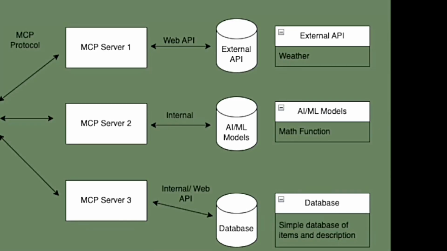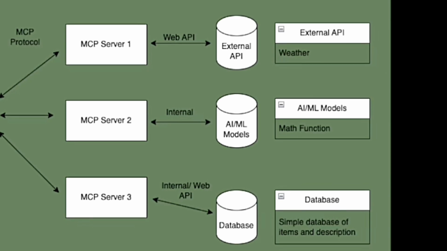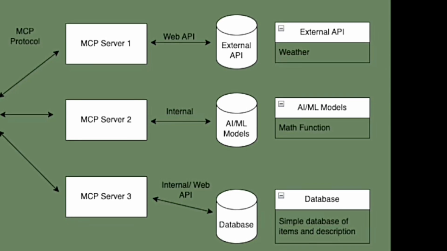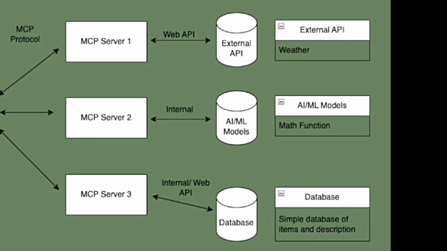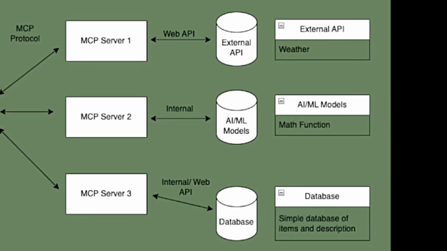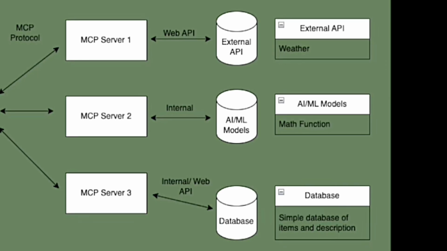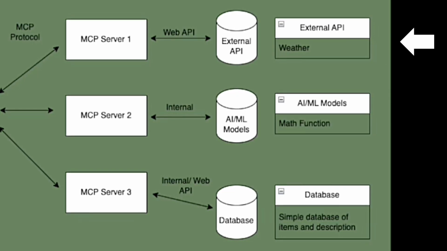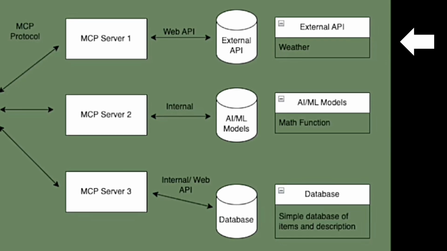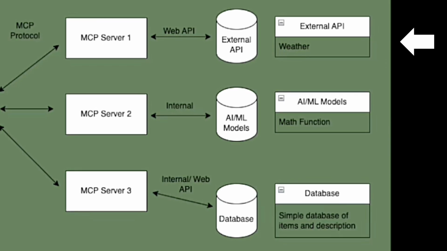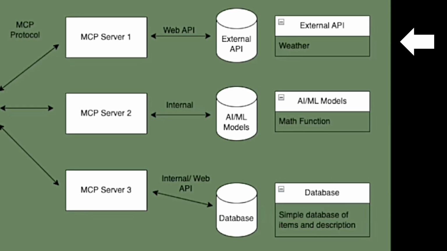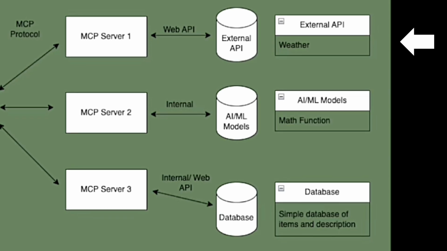For this exercise, I'm going to show you one demo using this architecture, but the example will be simplified. For server number 1, I'm going to pick a simple weather API. I picked up the code from the MCP website, so you can pick up the code from there as well.